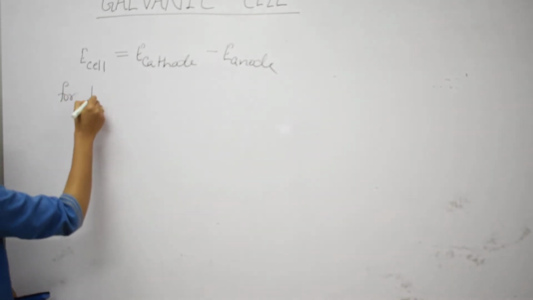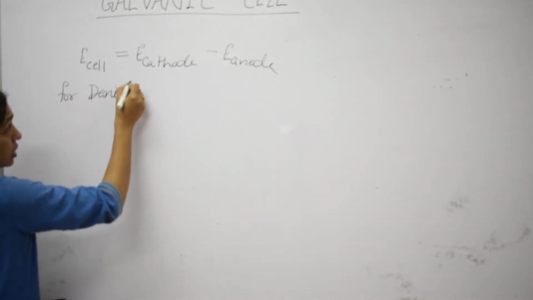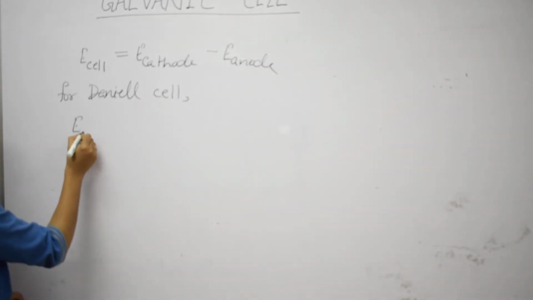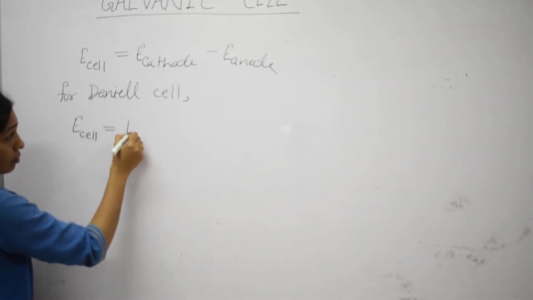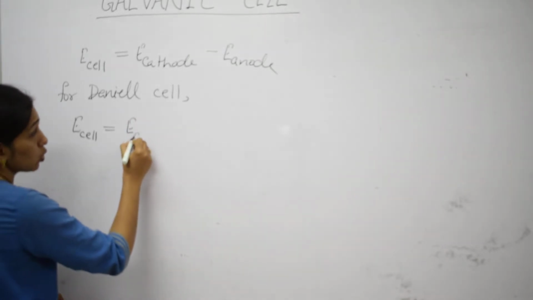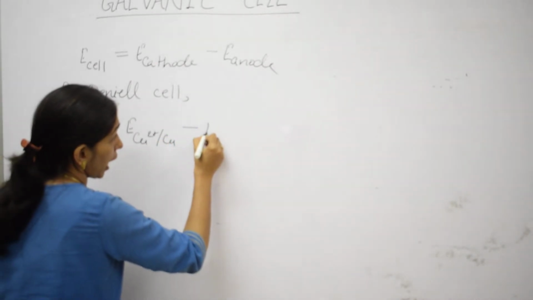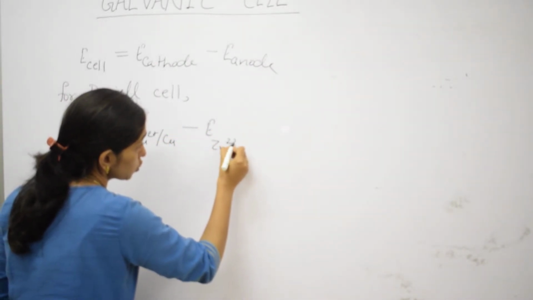For the Daniell cell, which we have taken just now, the zinc copper assembly, E cell can be given as E cathode, meaning copper 2 plus to copper, minus E anode, meaning zinc 2 plus to zinc.